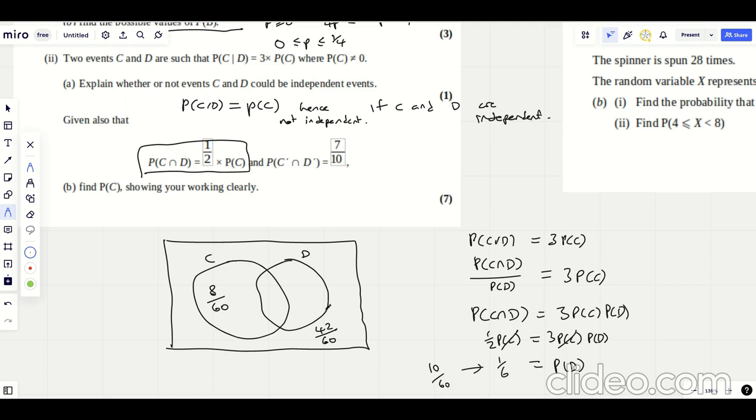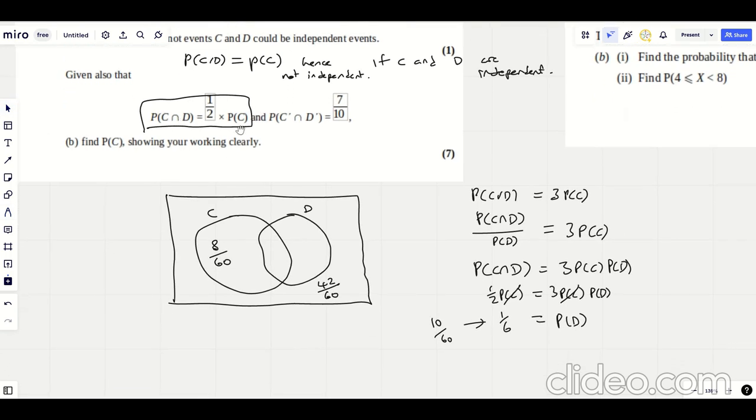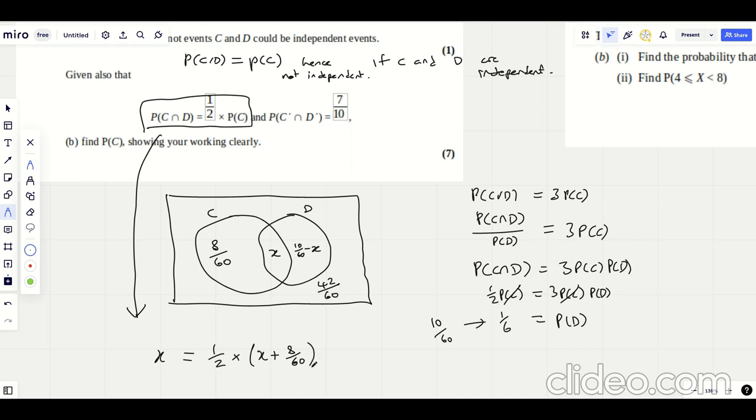And now what I can do is use some of my results, which I've already got, to find probability of C and D. If I call it X, then this can be 1/6 minus X. I can't use the fact that the probabilities sum to 1, but I can certainly use this equation here: the probability of C and D, which is X, is going to equal a half times X plus 8/60, because that's P of C. Okay, right.